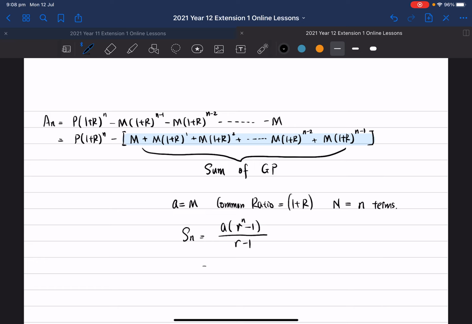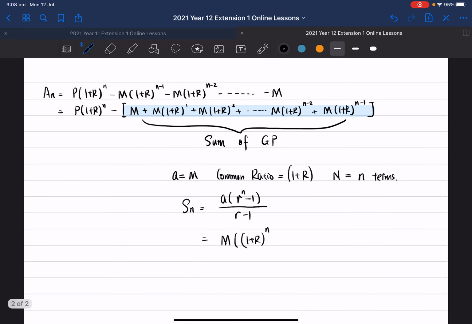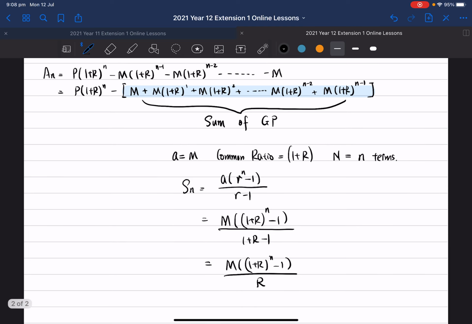Therefore in that case we just have m bracket, the common ratio here is (1 + R)^n, we do have n terms, minus 1, over (1 + R) − 1. So at the end, you've got m[(1 + r)^n − 1]/r. All right, so this is what you have here.